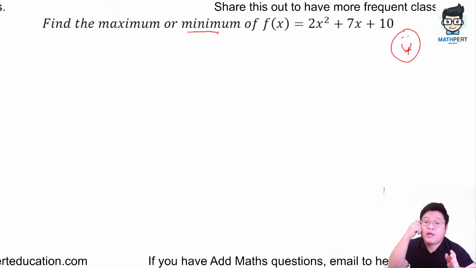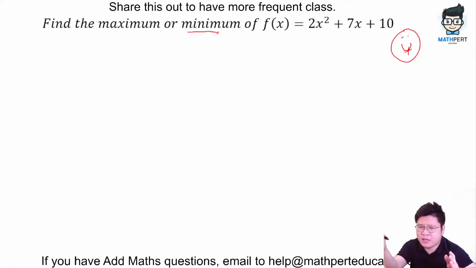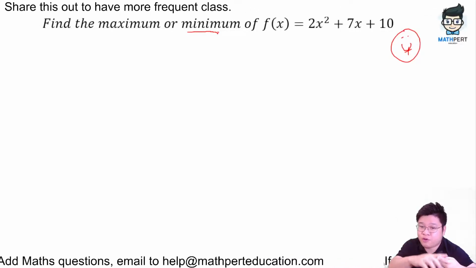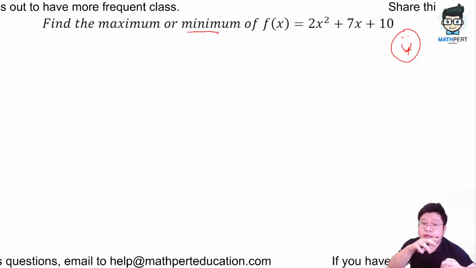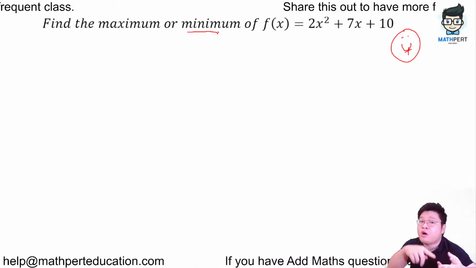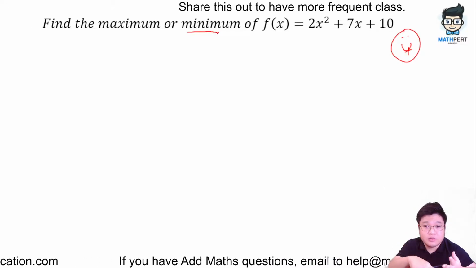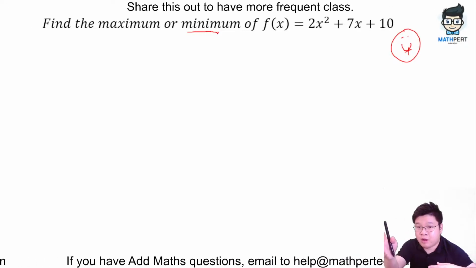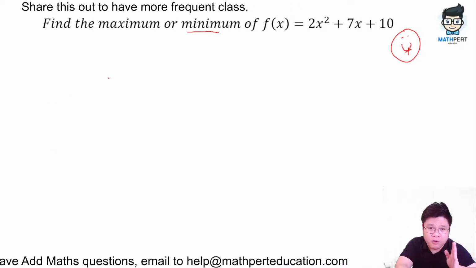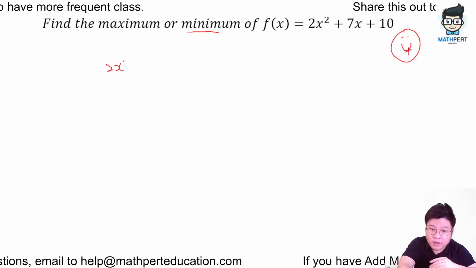So how do we find the minimum? We have a few methods. You can use completing square, and basically we are using completing square for this. But you can still use factorization. You can also use the formula method to find the maximum or minimum point. Since they are only asking for the maximum or minimum point, we just use completing square.